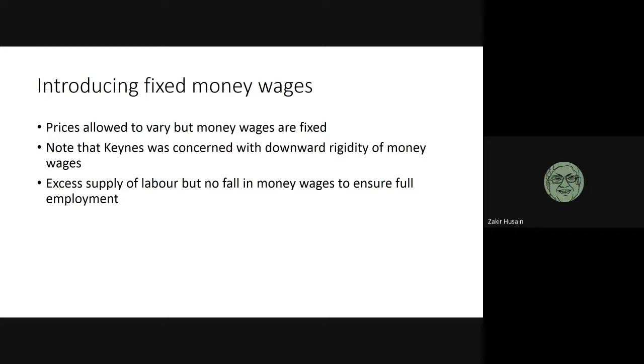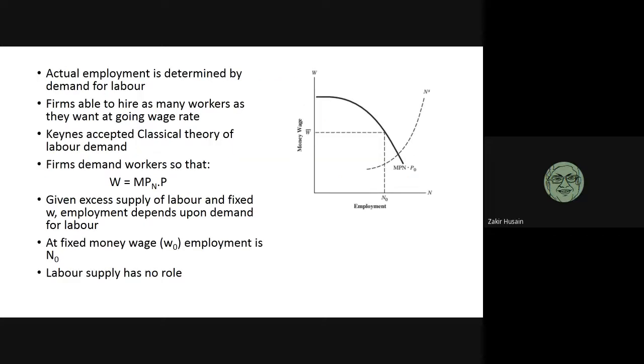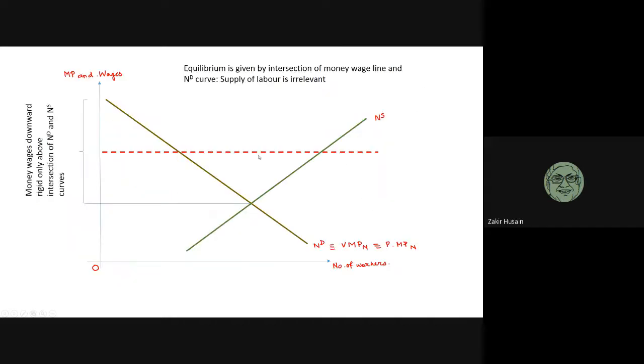So prices can vary, but the money wage is fixed. That means W bar can increase, but W bar cannot fall, which we had shown over here. This is the region in which Keynes is talking about, not this part.